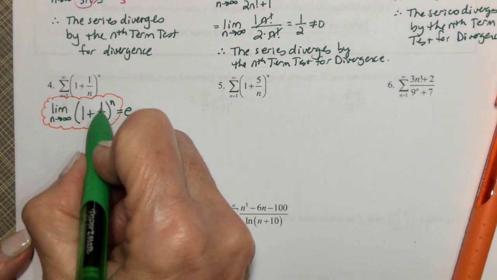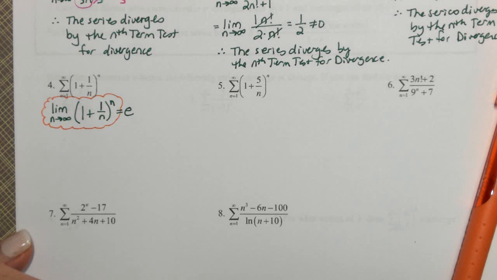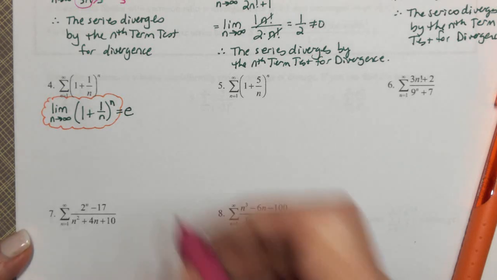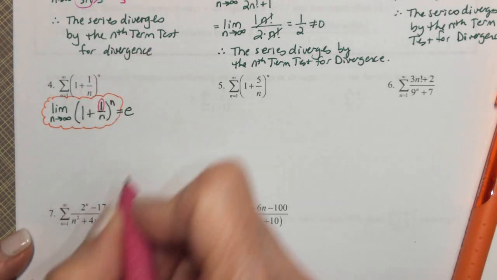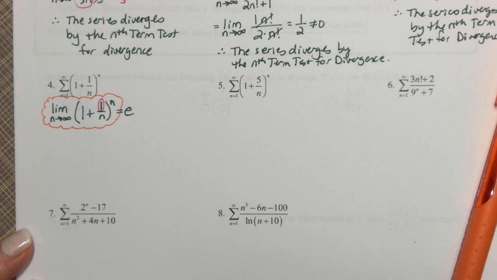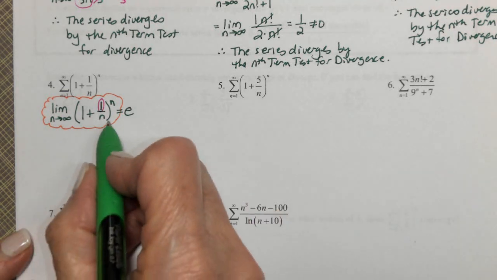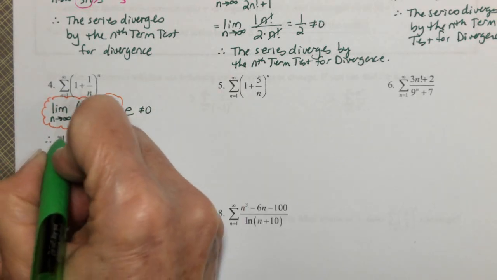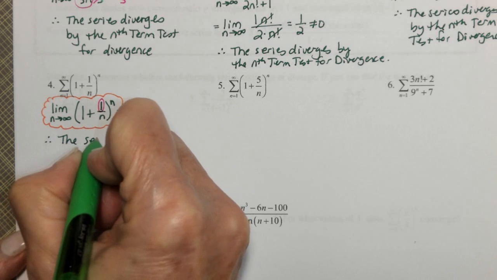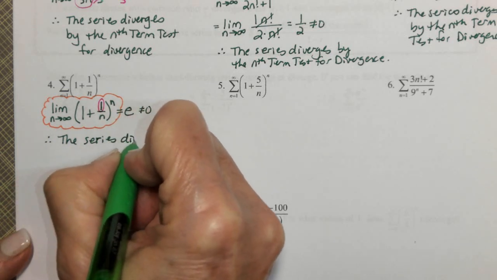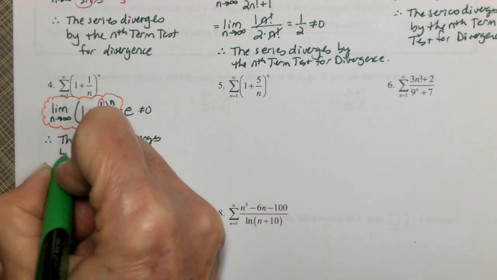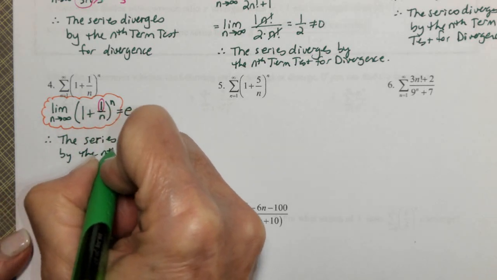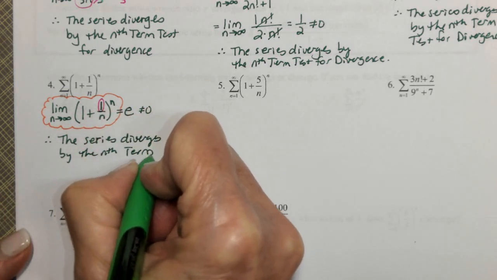And it's e to the first because there's a 1 right there. This number right here tells you what the exponent on the e is. So that is e. It's the formal definition of e. So this limit is e, which is not 0. Therefore, the series diverges by the nth term test for divergence.